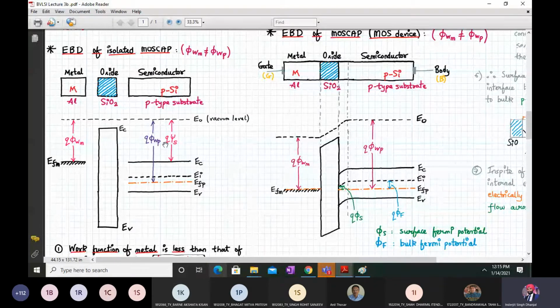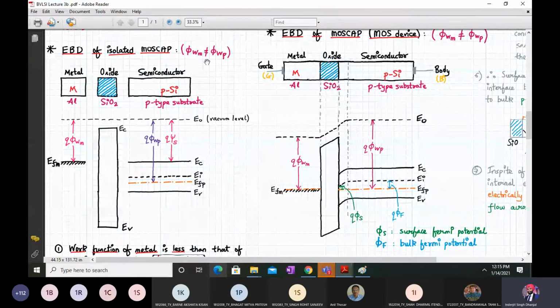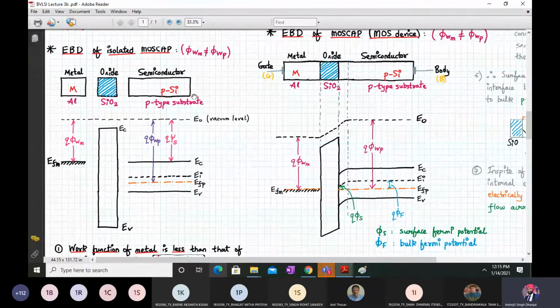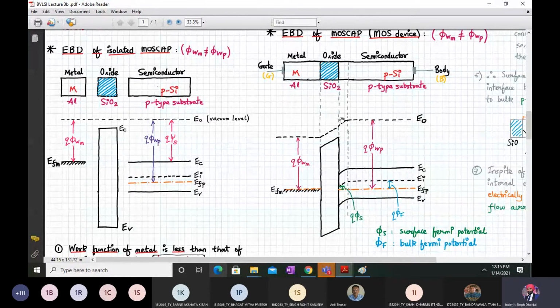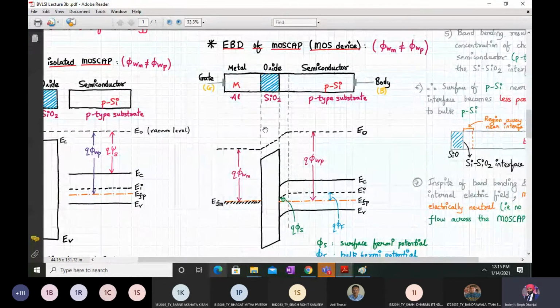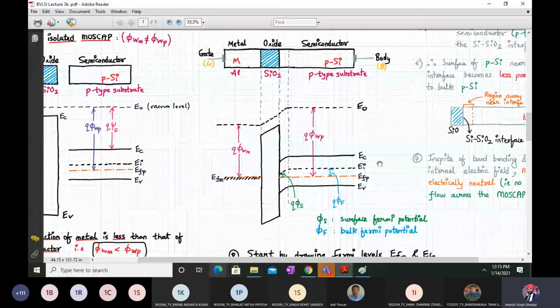Now, what will happen when you draw the energy band diagram for a combined MOS capacitor with phi WM not equal to phi WP? That means metal and semiconductor are not at the same work function potential. This is normally the situation because the material of the metal and the material of the semiconductor are different. So there is going to be a difference in their work function potential. Next class, we will try to understand why there is an automatic bending of bands like this. That's the topic of the next class.